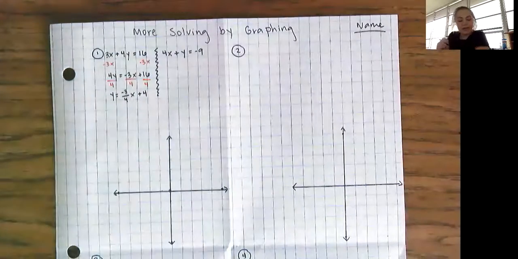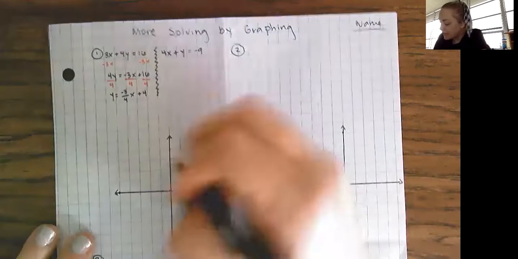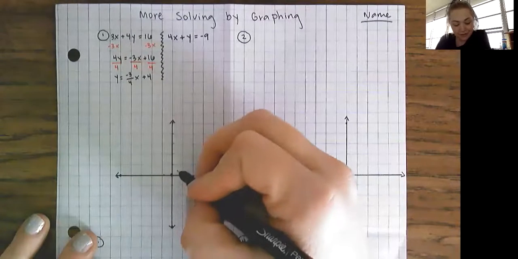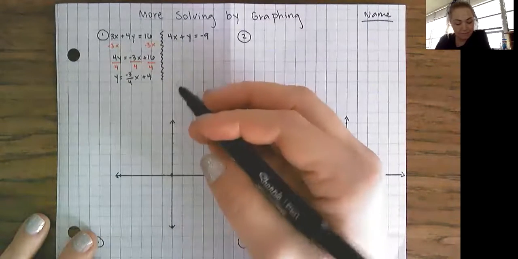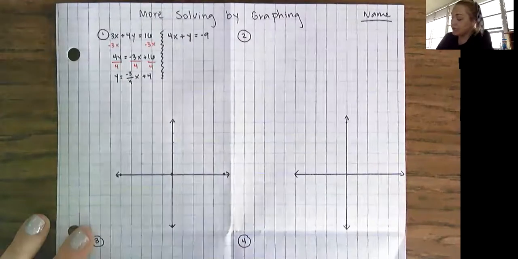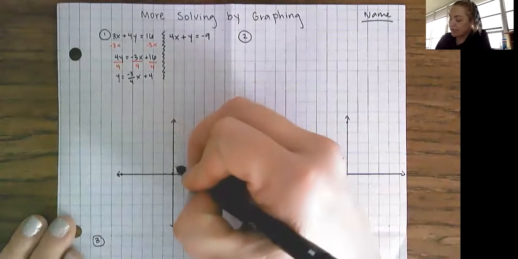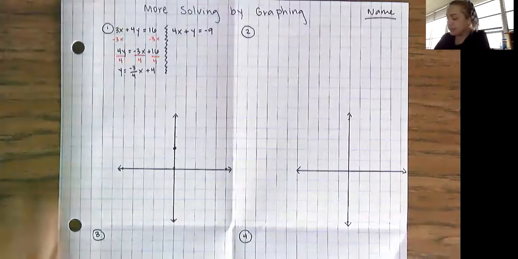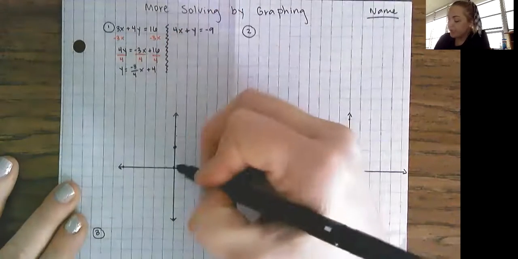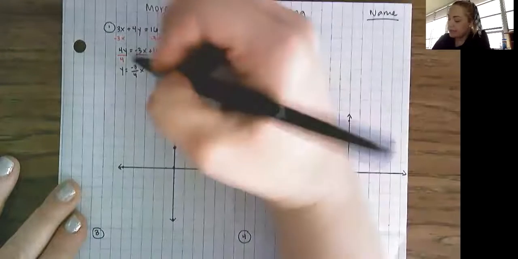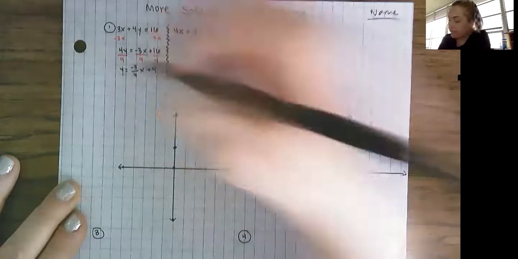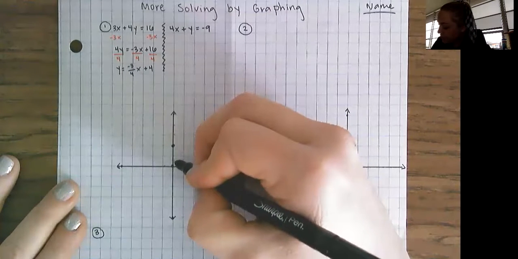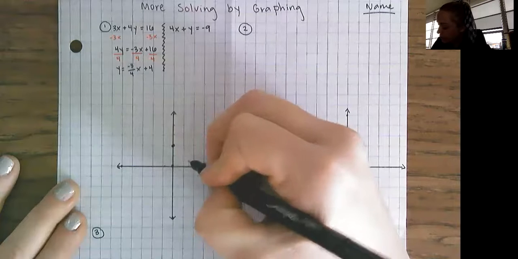So I can put my first dot at +4. Now careful, these are not going to let us go all the way up to the places where we need them to be on the graph. So I'm actually going to count by 2s. This is up 2 and then 4. Now the spaces between would be single spaces. So 1, 2, 3, 4. Then my slope is telling me go down 3 to the right 4. So starting here, I go down 1, 2, 3 to the right, 1, 2, 3, 4.